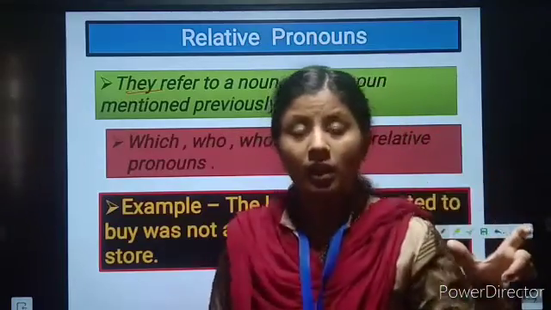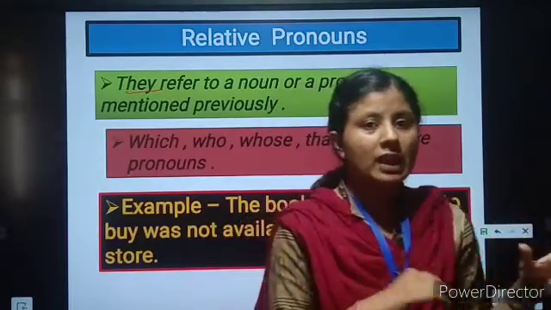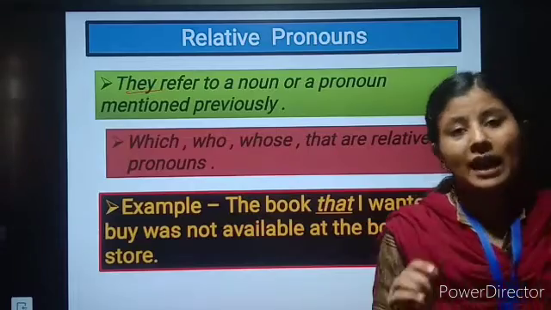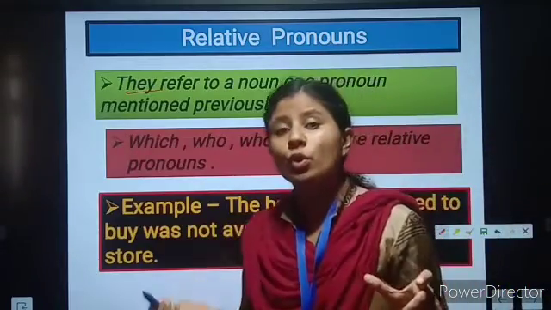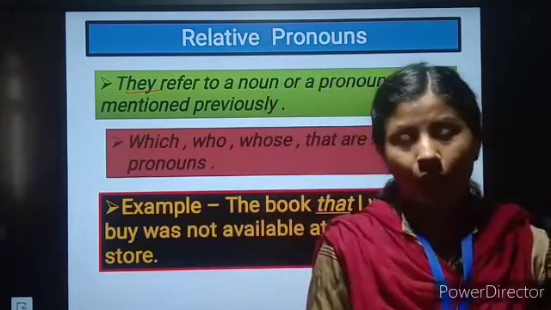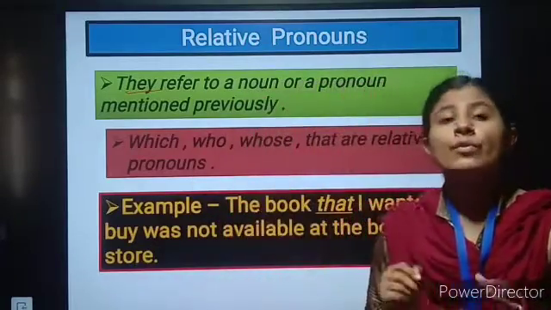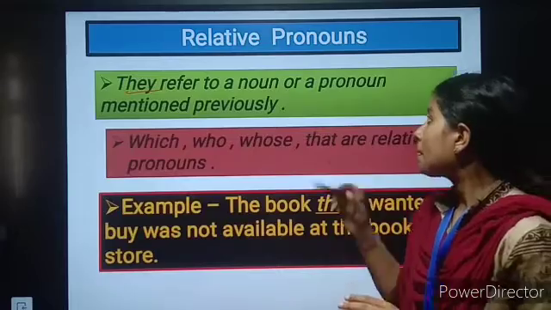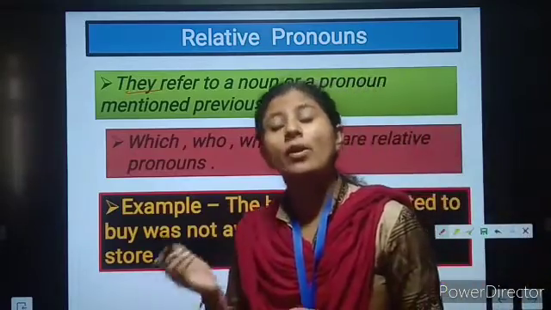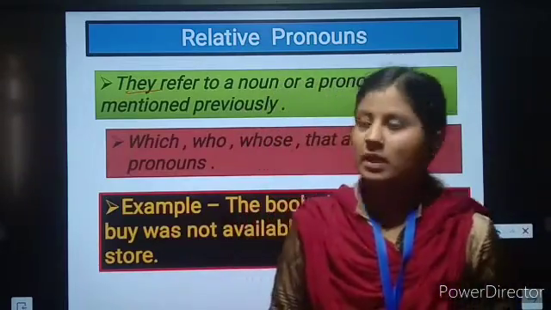So the girl is already mentioned in the sentence, right? And then I have used who to denote the same girl. Okay, so who is a relative pronoun which shows the noun or a pronoun which is already mentioned in the sentence.